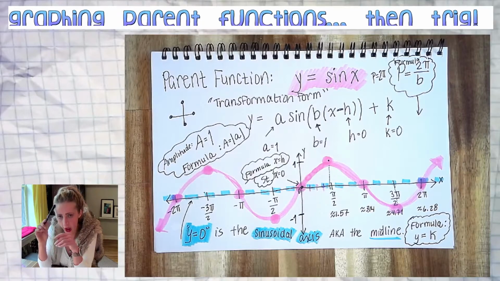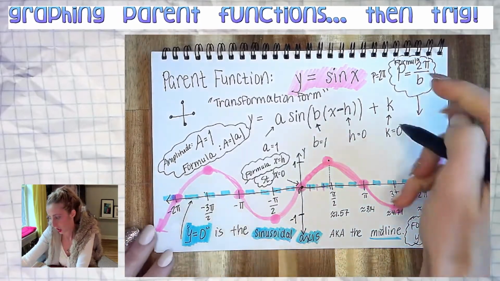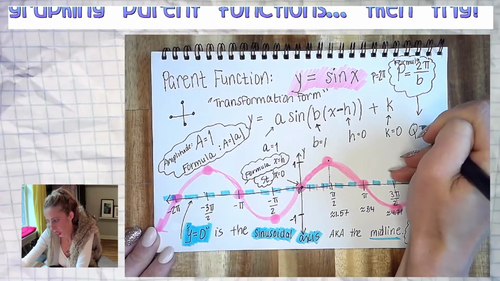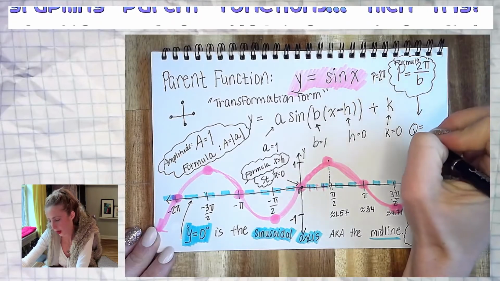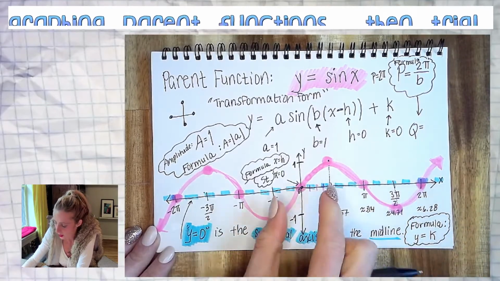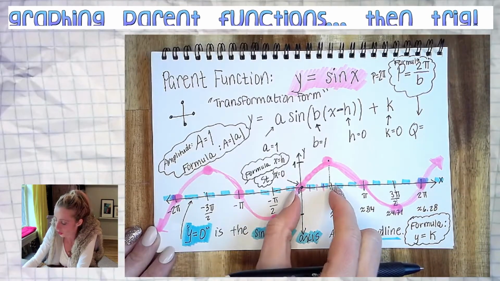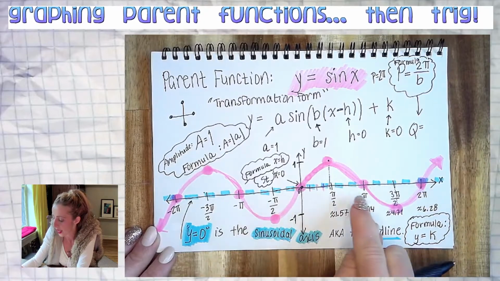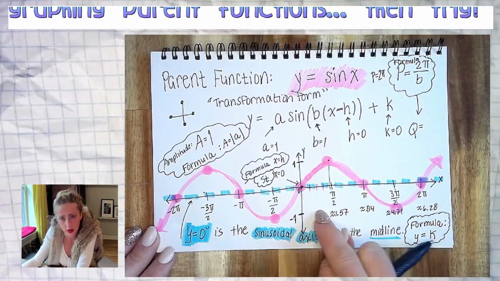LMNOP, next letter is Q. After you find the period, we're going to find a quarter of it, because if you know how long this is, divide it by 4 or multiply it by 1/4 to figure out how big each of these are, and bam, you could list out all of these little nuggets along the way.